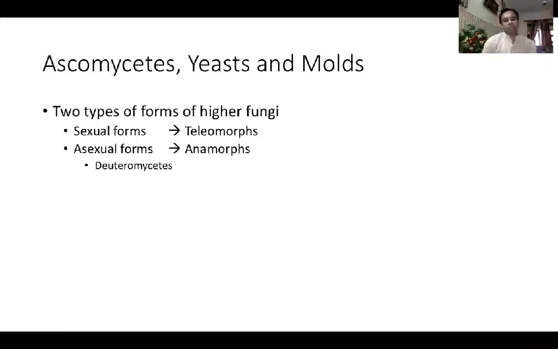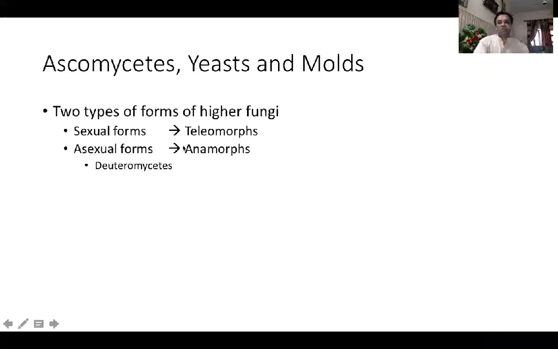So when we talk about ascomycetes, we are talking about the teleomorphs sometimes, because when we talk about ascomycetes, we are talking about ascospores, and ascospores are the characteristic spores of ascomycetes, and ascospores are the sexual spores. So they are present in the sexual forms of the fungi, and those sexual forms are basically known as teleomorphs.